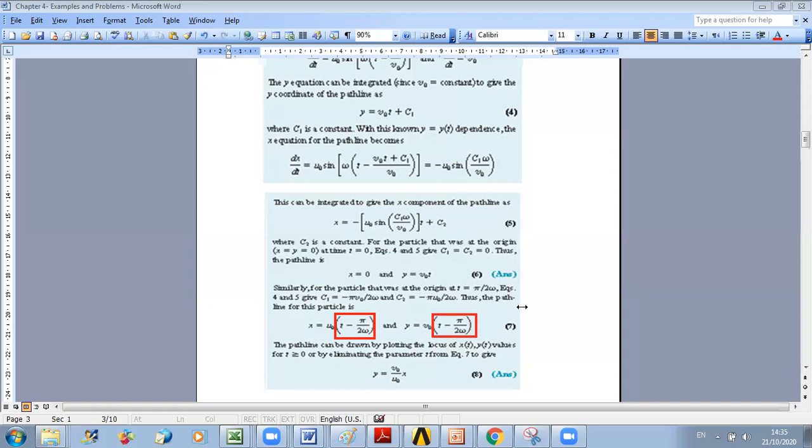You can directly say that if I eliminate time, I will get that x over u0 is equal to y over v0. Okay, and this is the equation of your path line.